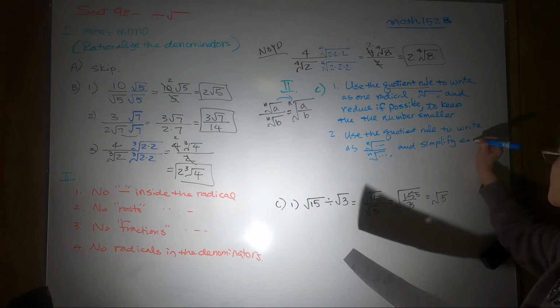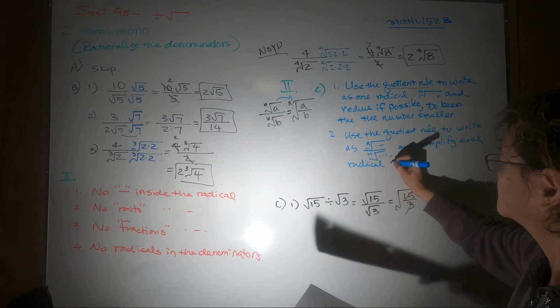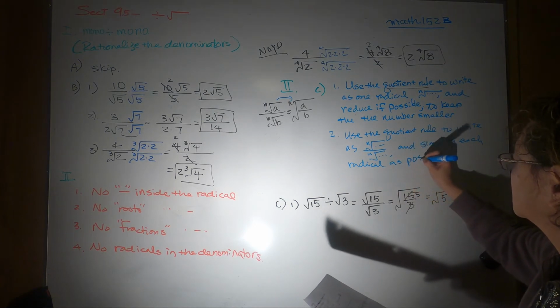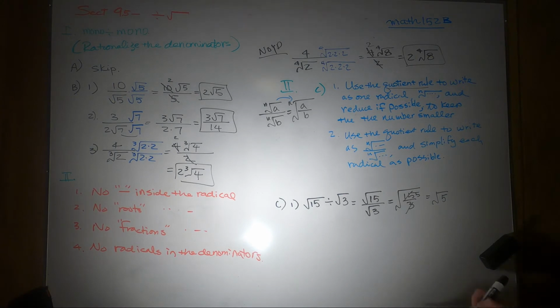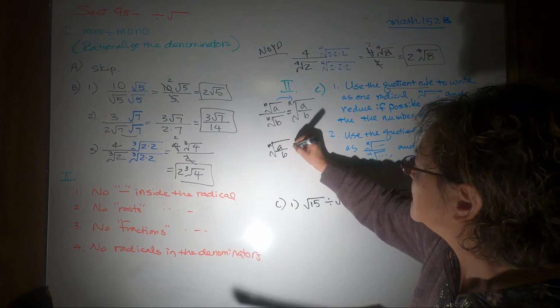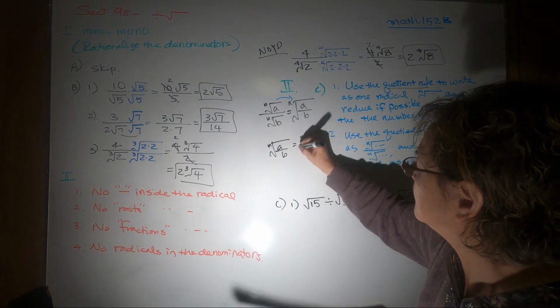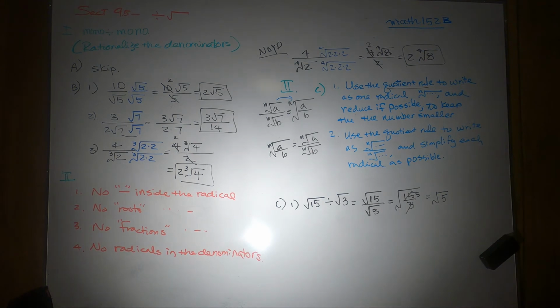Simplify each radical as possible. So this one is talking about what? Sometimes they are together, then you separate them to make it easier to divide and simplify.